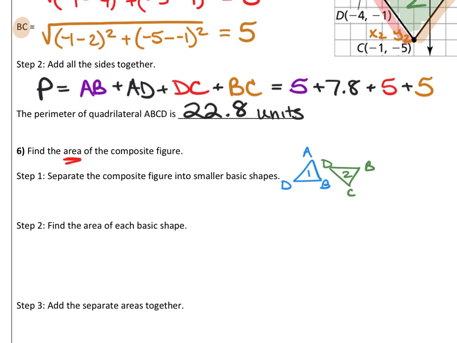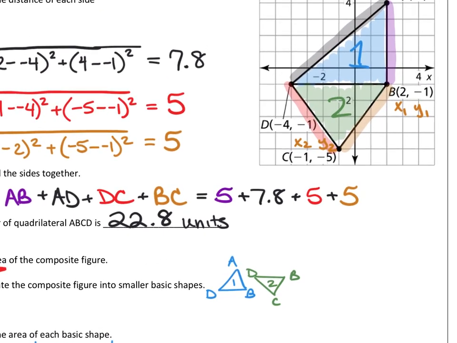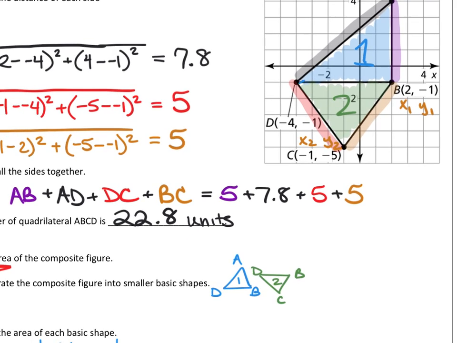It says find the area of each basic shape. So first we're going to find the area of triangle 1. Triangle 1 has an area of 1/2 times base times height. Okay, looking at the image, which I know is hard to see, what is the base of that blue triangle? What segment? To me, it looks like this is the base, yeah?